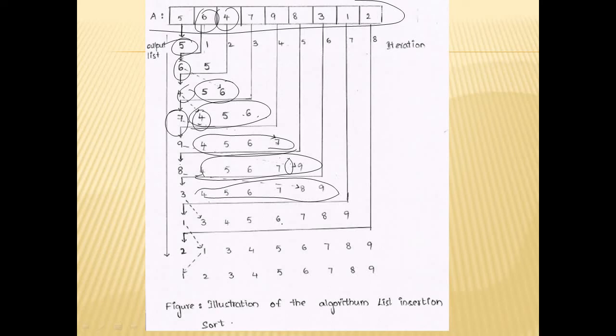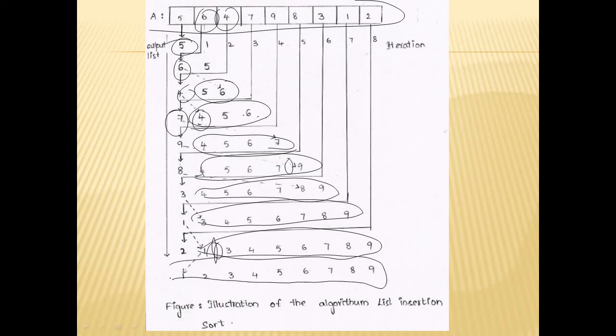Next is 1, which goes before 3. 2 goes after 1 and before 3, in the middle. Finally we get the linked list in sorted order.